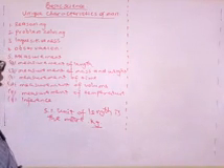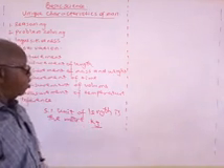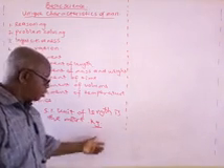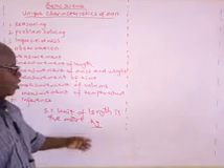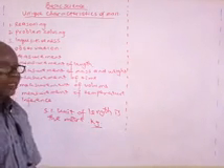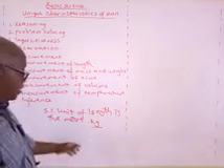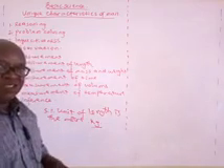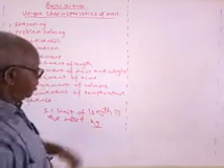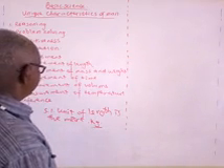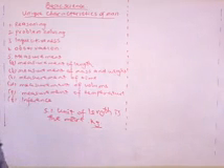Weight is the quality of the heaviness of that object. And weight is as a result of the gravitational force that acts on that object. And the SI unit of weight is the Newton. I think we've discussed this in our previous lesson. So the SI unit of weight is the Newton.